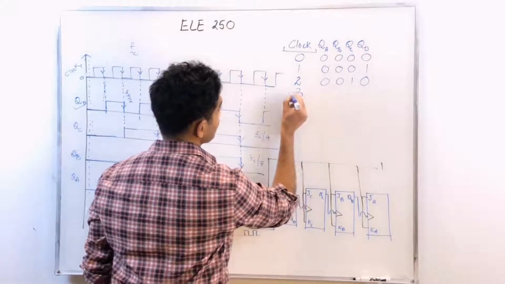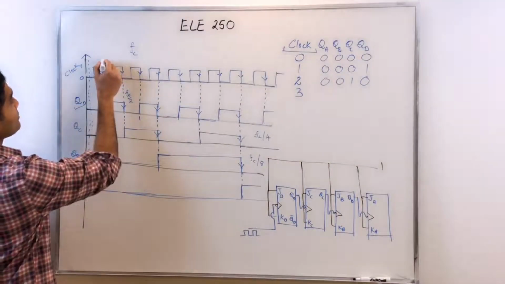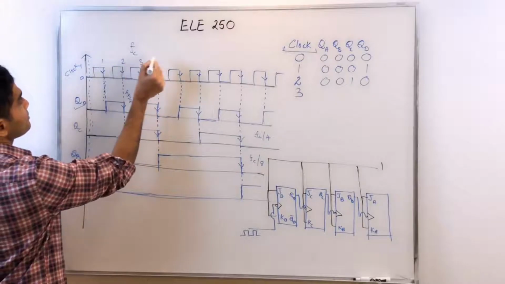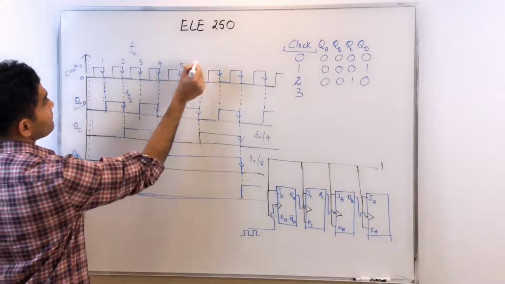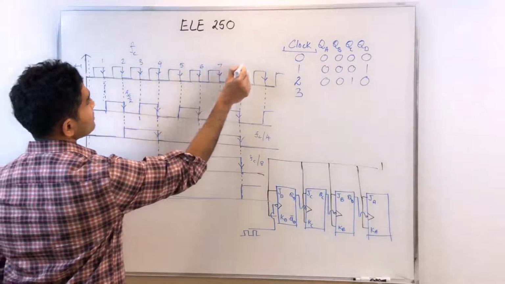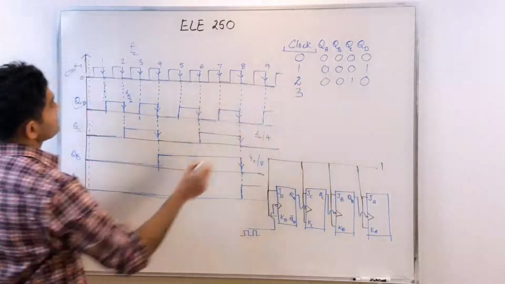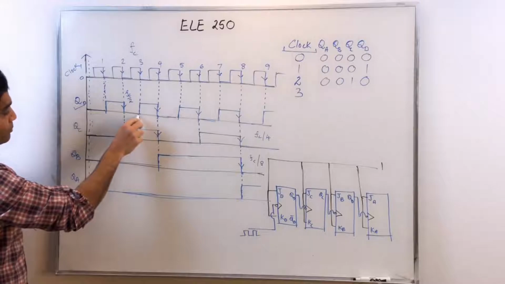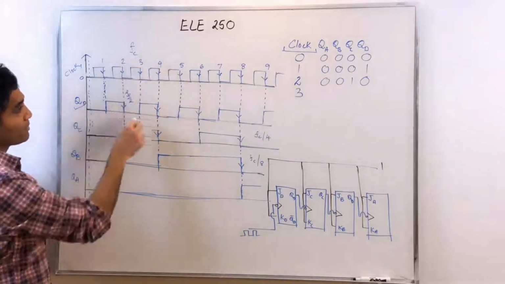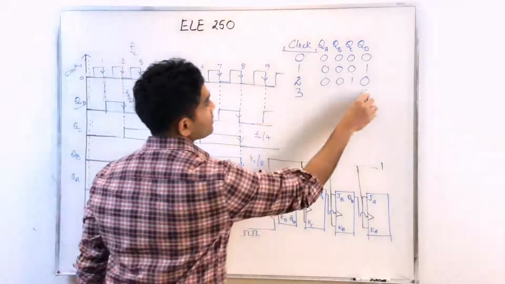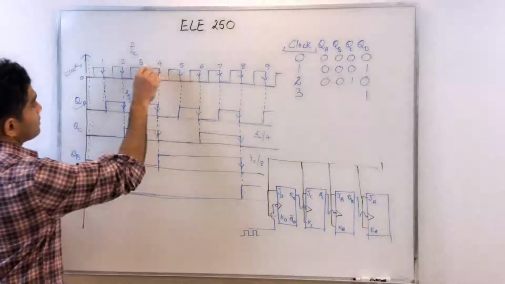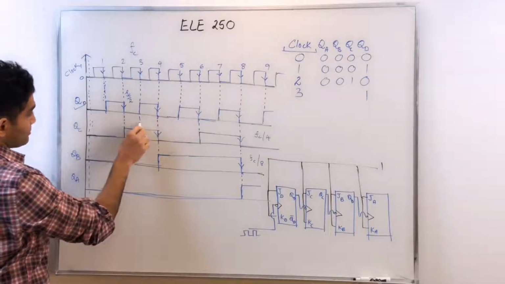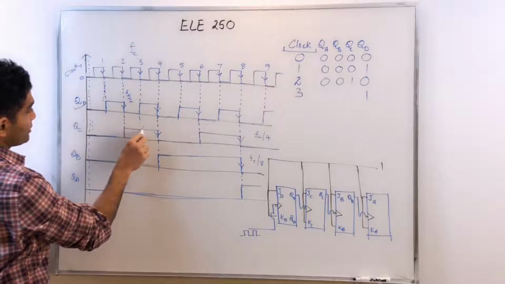On the third active edge, which happens here, my QD goes from 0 to 1. So my QD is being recorded as a 1. My QC, the value on QC, is still 1.